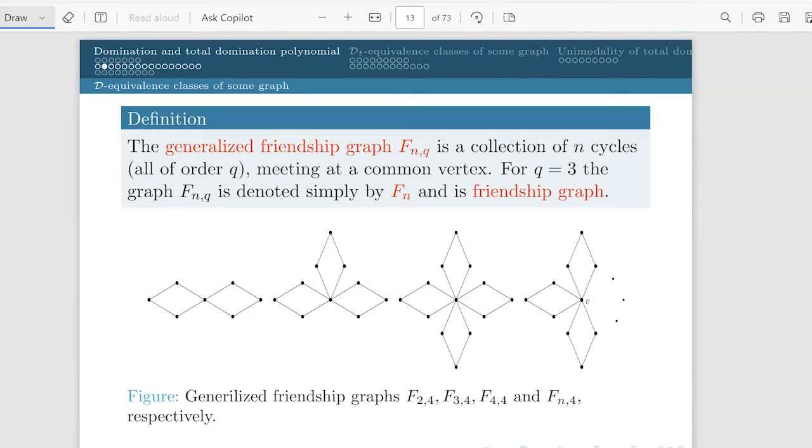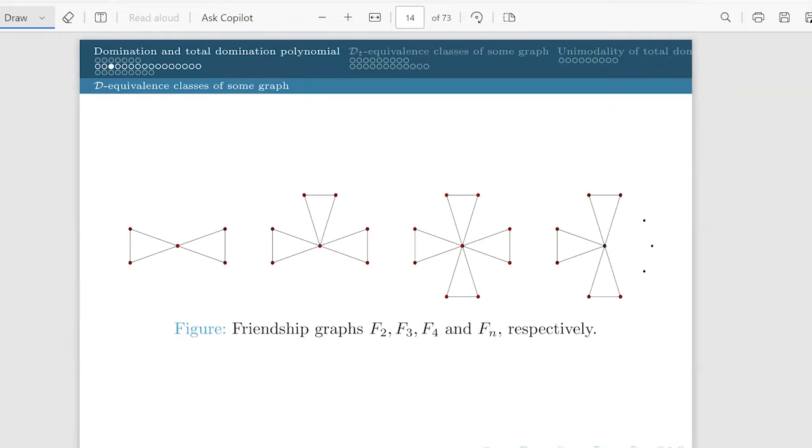This one is F_{2,4}, and this one is F_{3,4}, and F_{4,4}, and so on. And as I said, if we have cycles of length 3, then this is a friendship graph, which is important in the study of some graph polynomials.